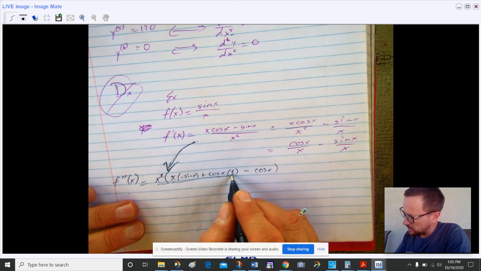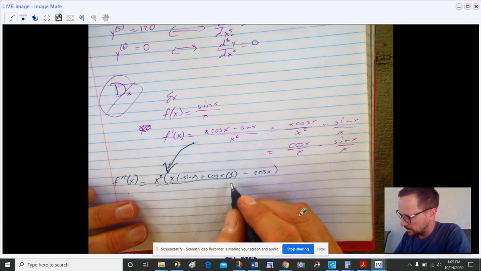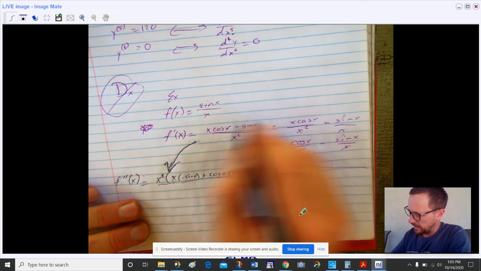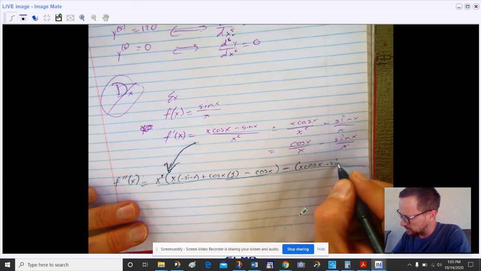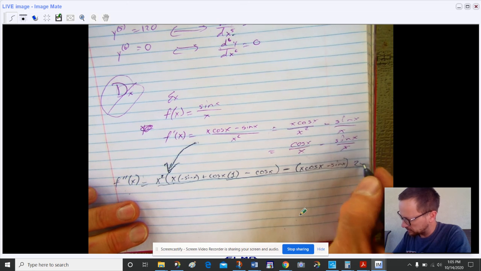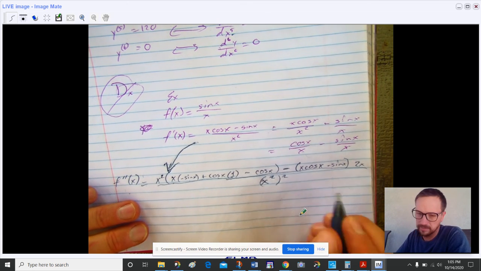Wait a minute, that's only the first part. Minus f, which is x cosine of x minus sine of x, times the derivative of that, which is 2x, all over x squared, squared!